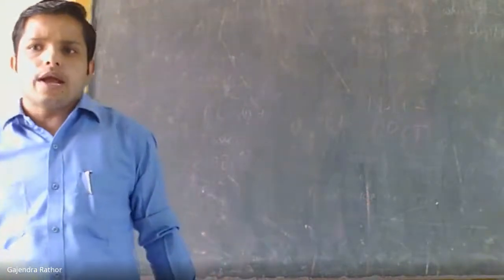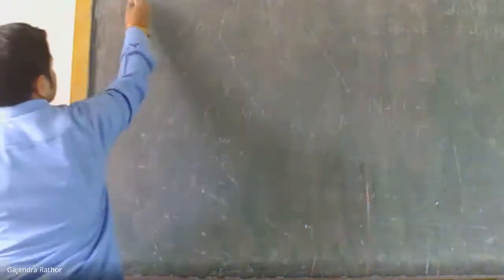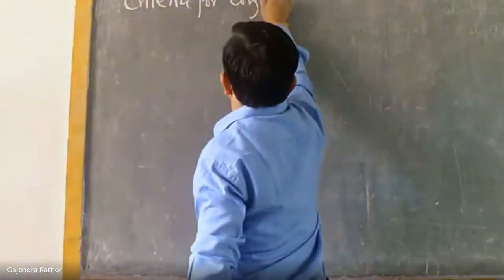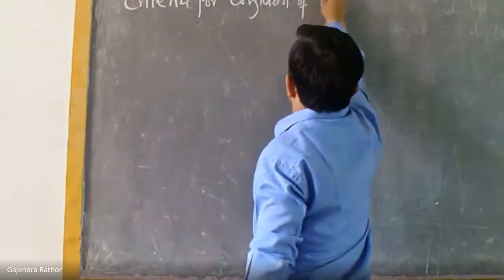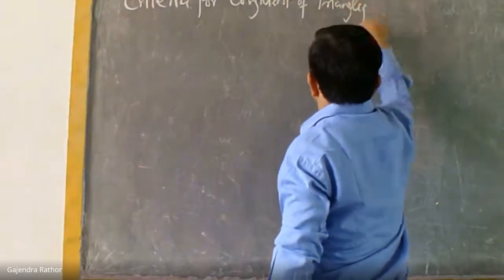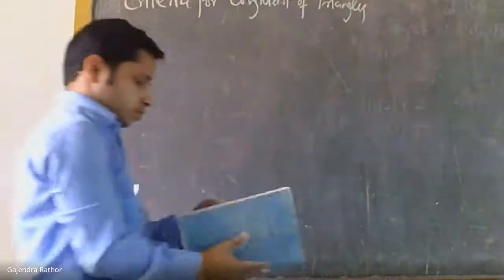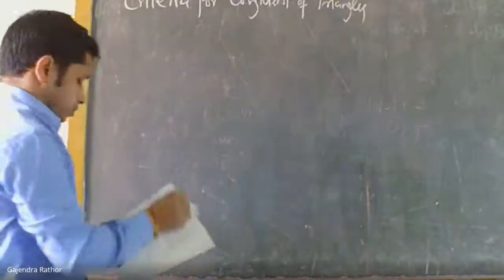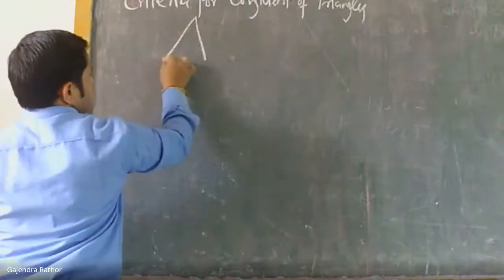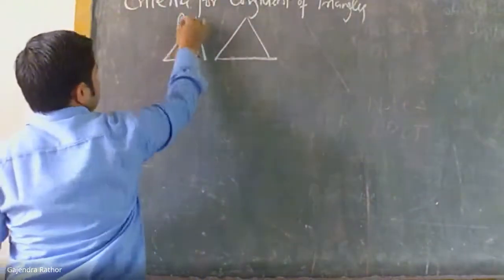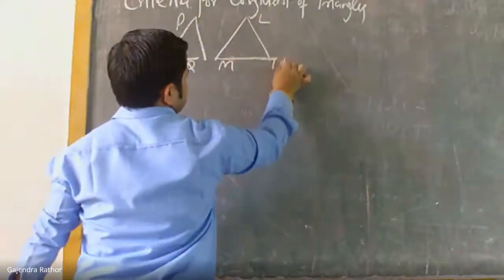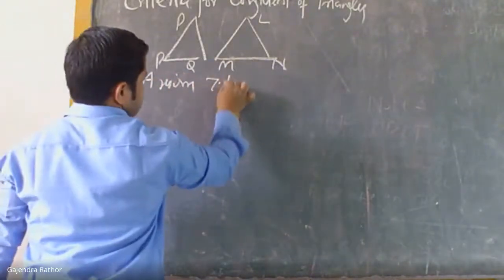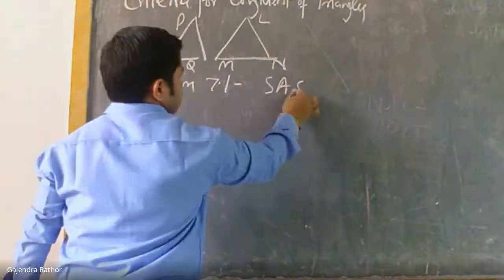How can we find out whether two triangles are congruent or not? The first criterion, Axiom 7.1, is SAS.